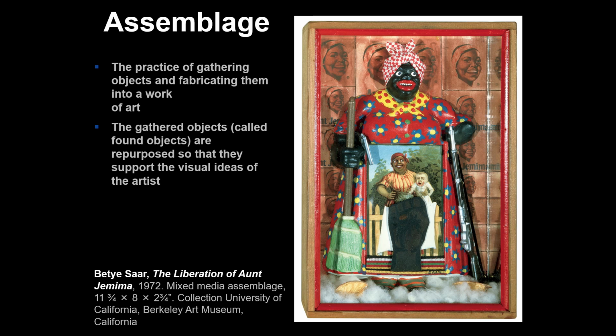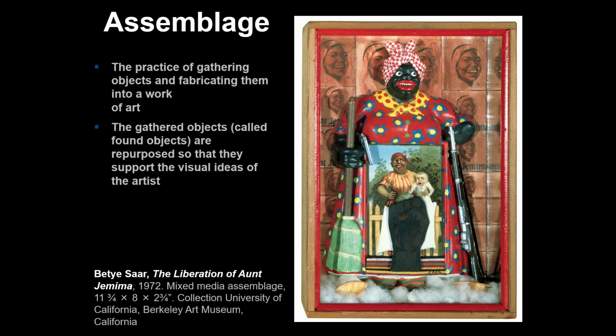Assemblage. Assemblage is the practice of gathering objects and fabricating them into a work of art. This is a work by Betye Saar called The Liberation of Aunt Jemima. This was created for an exhibit in 1972, and Betye Saar, as an African-American artist, wanted to use some loaded images, some images that have negative connotations.